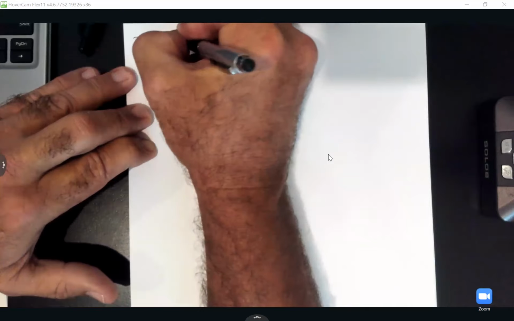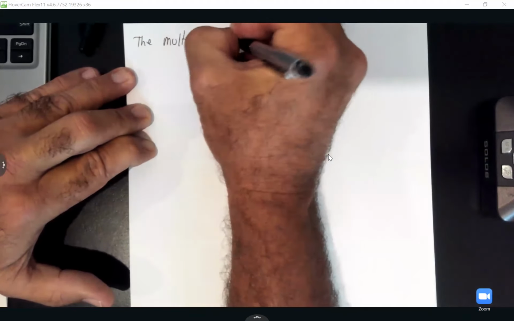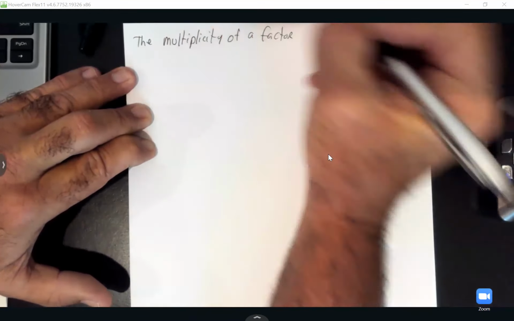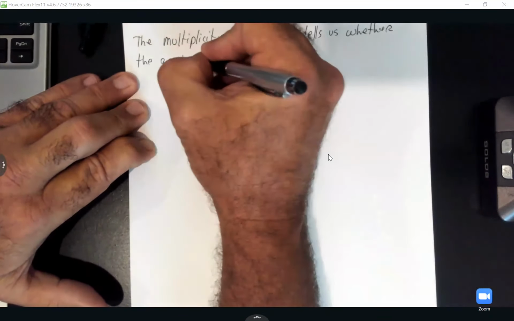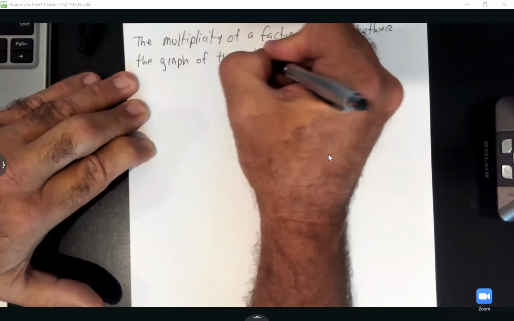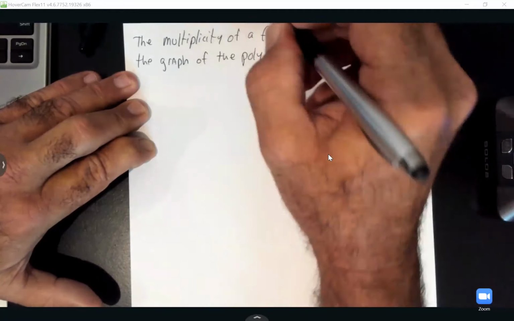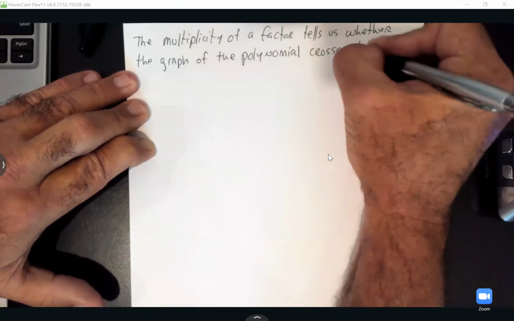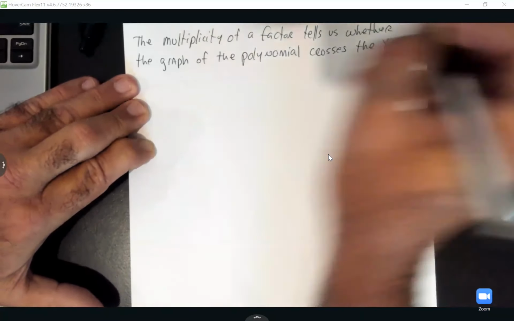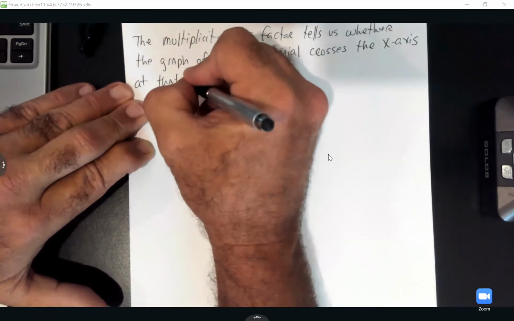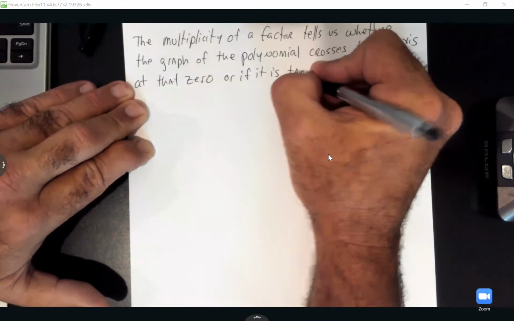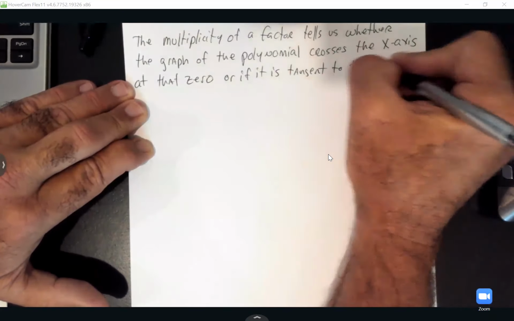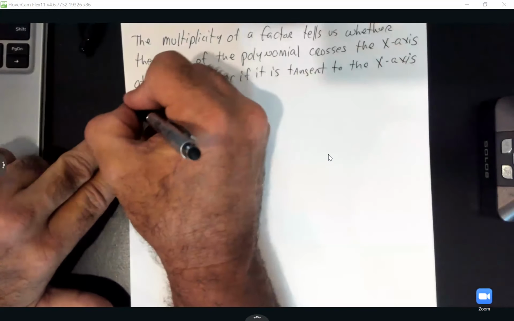So the multiplicity of a factor tells us whether the graph of the polynomial crosses the x-axis at that 0, or if it is tangent to the x-axis at that 0.